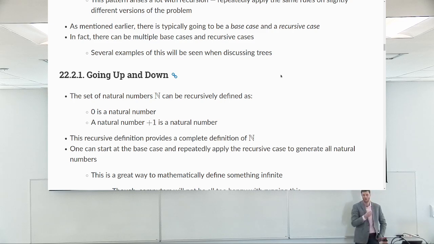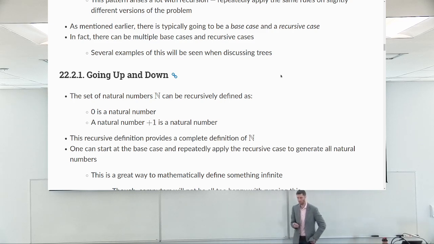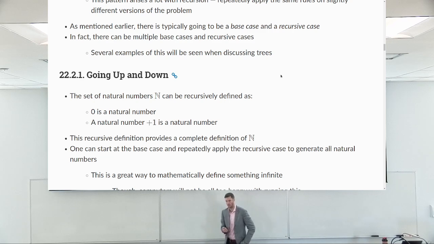All right? So 0 is a natural number. And natural numbers are like 0, 1, 2, 3, 4, 5, right? In case you forgot. If 0 is a natural number, and any natural number plus 1 is a natural number.